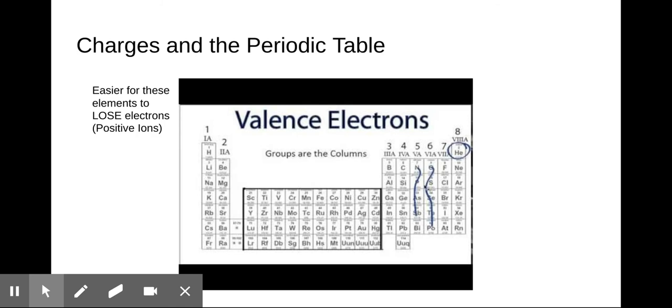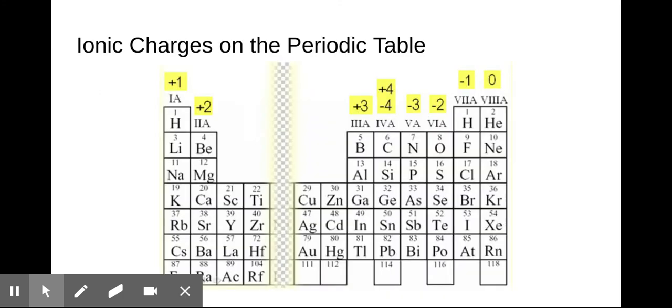Remember, losing negative particles means that we're going to form something positive. So on the left side of the table, those atoms form positive ions. And on the right side, it's easier for those to gain electrons because they're closer to 8. Those form negative ions.